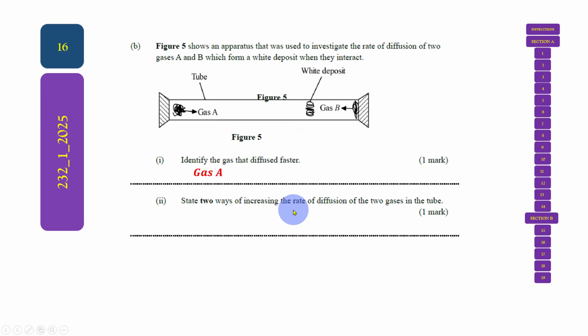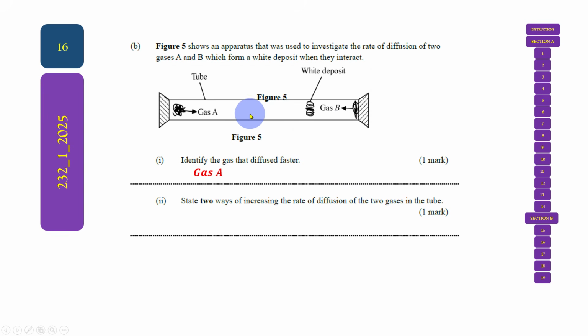State two ways of increasing the rate of diffusion of the two gases in the tube. Of course, one of the ways of increasing the rate of diffusion is to perform this experiment at a higher temperature, or to heat the gases. That is one of the ways.